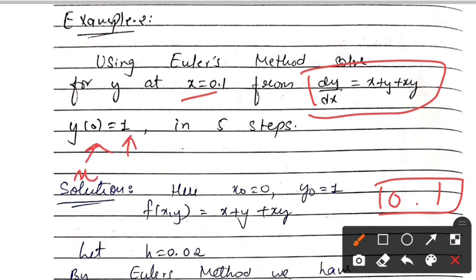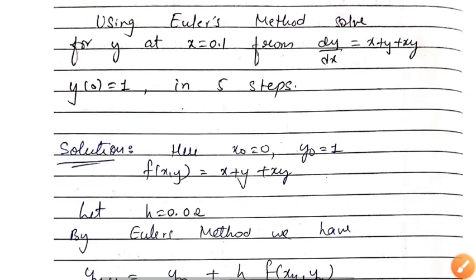So this is your x0 and this is your y0. You have to do it in 5 steps. It is very important. Okay, you are not given h directly, but you are given 5 steps. So your starting value of x is 0. You have to go up to 0.1.